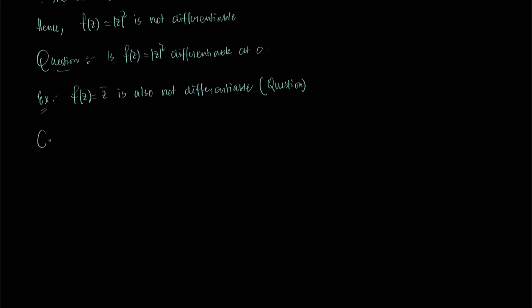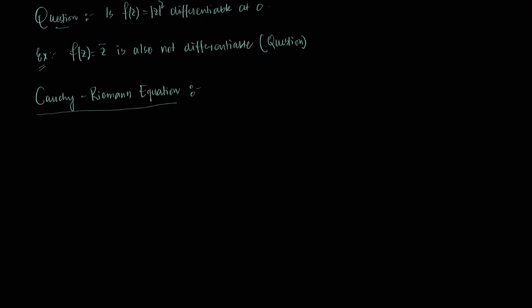So this is called the Cauchy-Riemann equation. This is one of the most important topics in complex analysis. So what is it?